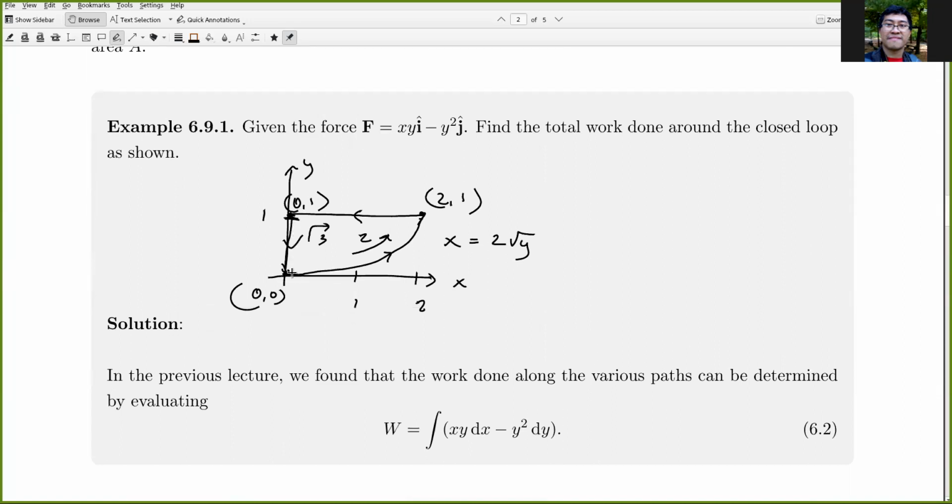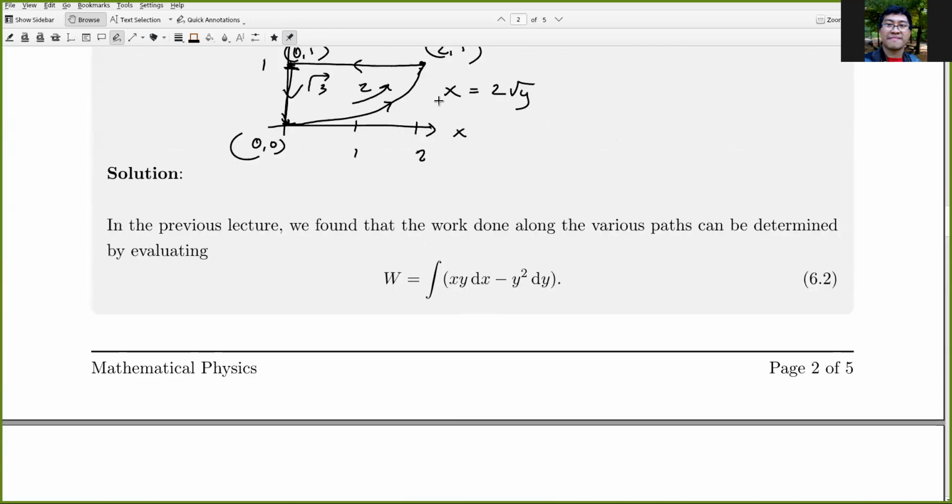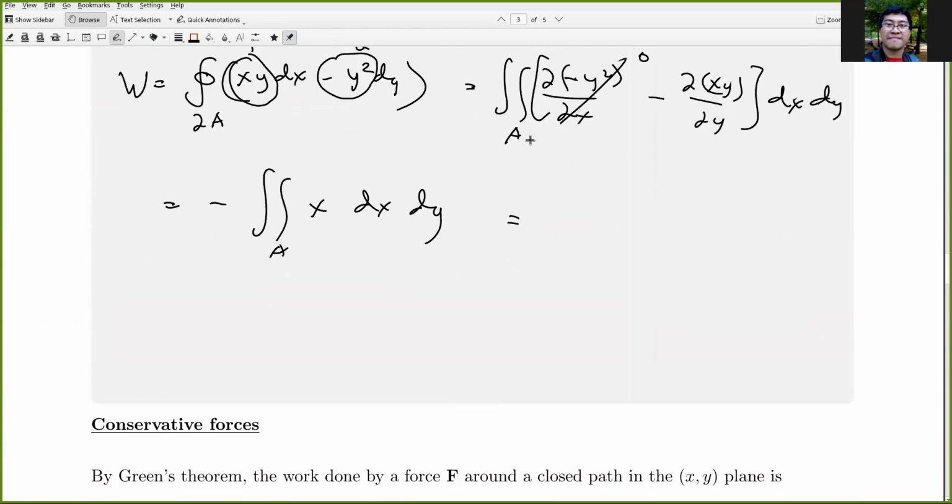For x, we can start by using this function, x equals 2 square root of y, with y being a variable and x a function of that variable.